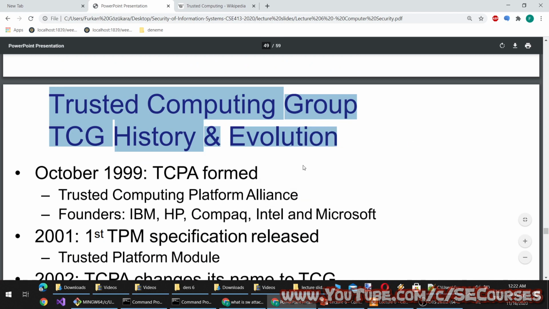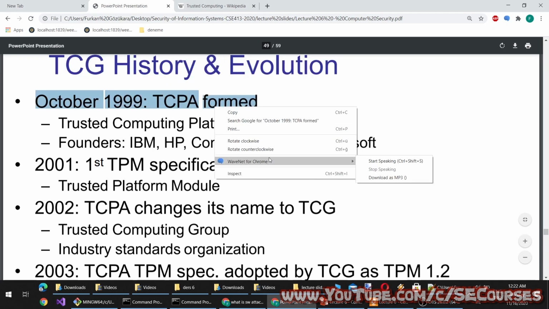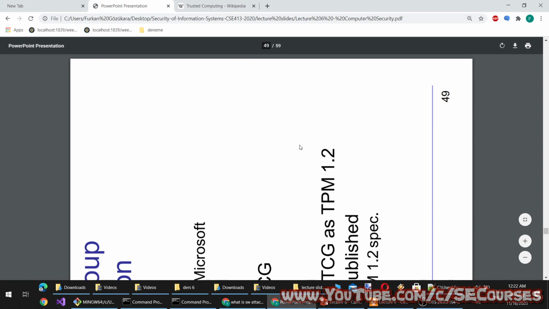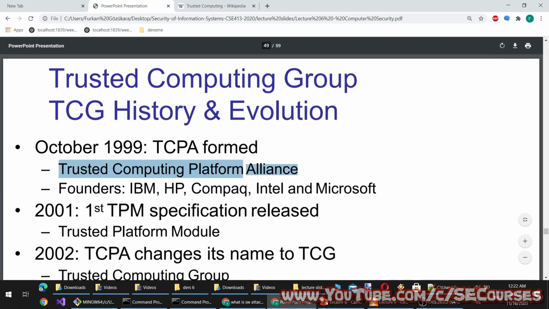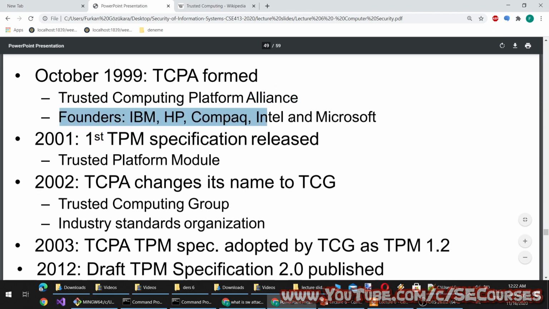Trusted Computing Group (TCG) history and evolution. October 1999, TCPA formed, the Trusted Computing Platform Alliance.